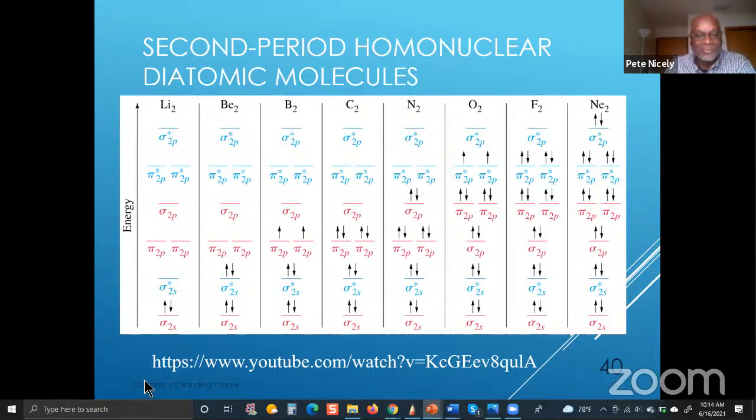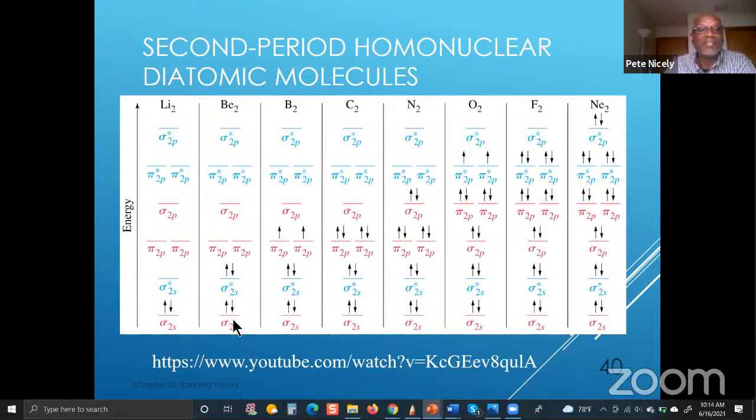However, there are only two electrons present in the case of the lithium molecule, and those two electrons will simply go into the orbital of lowest energy, and that would be the sigma 2s orbital. So basically this would be the electron configuration of the lithium molecule.